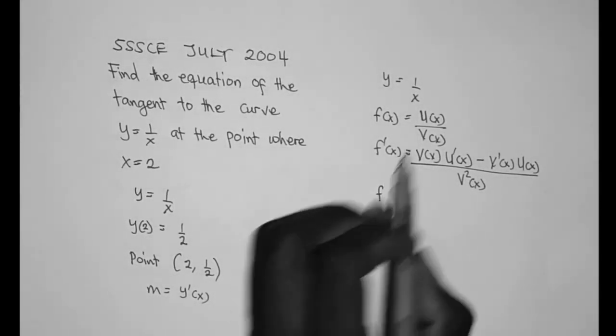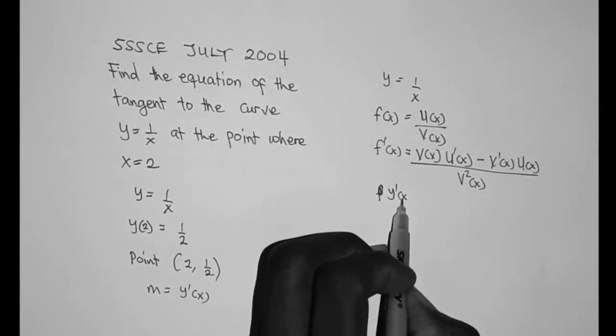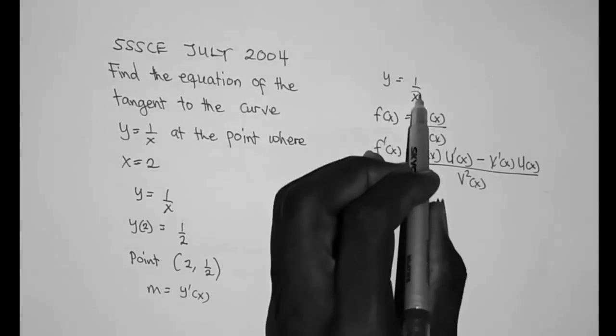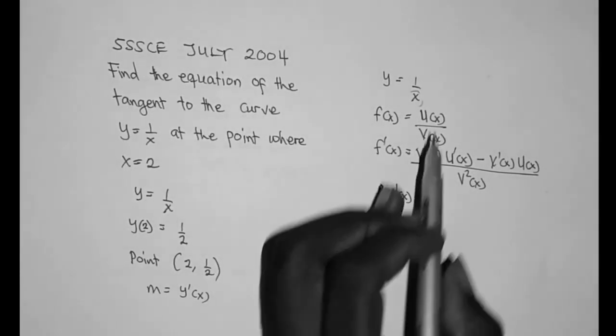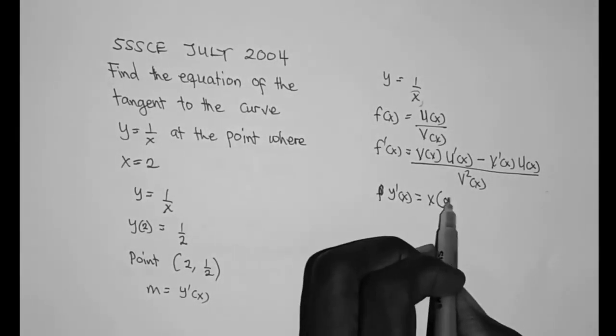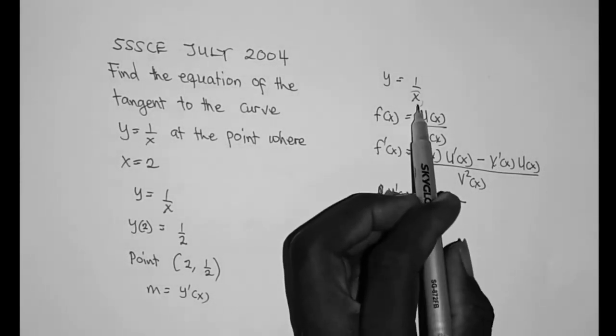So let's use that to find y prime. So what is y prime of x? This is equal to, keep v of x, in this case x, and differentiate u of x. You differentiate 1 is 0, minus, keep, differentiate v of x.